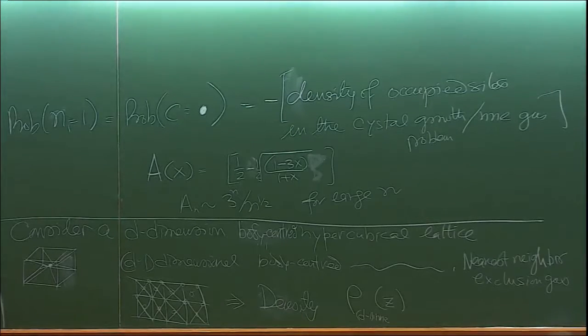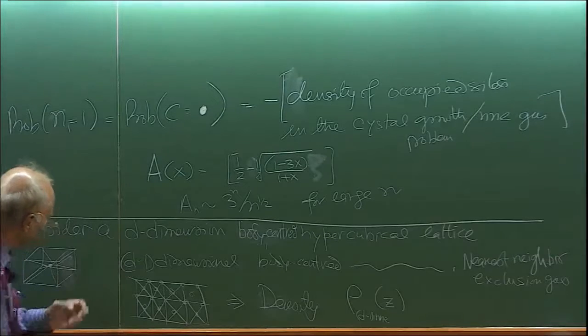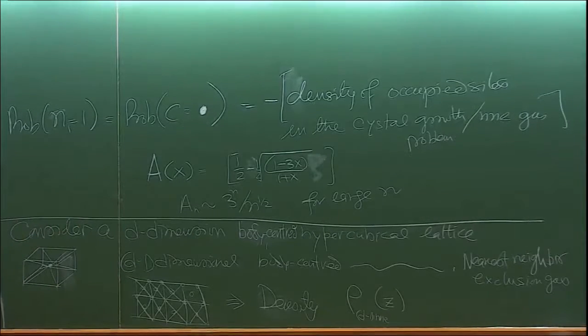But now let me try to imagine the directed animal problem on this 3-dimensional lattice. Okay, so there is a site, and it has 4 sites going up. So the direction is upward. Every site can be occupied if there is one thing below it which is already occupied.